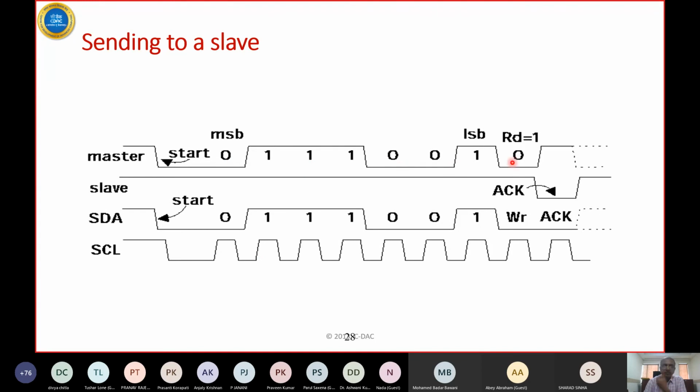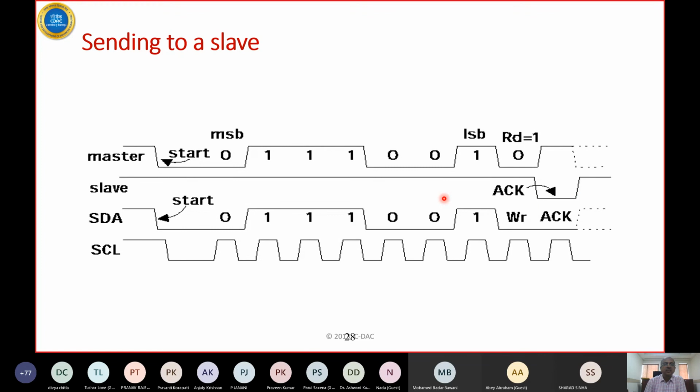Then the 8th bit indicates a write operation, because 0 indicates write. Had it been 1, it would have been interpreted as read. Write indicates that the master is going to send data to the slave. The first byte is sent. The slave all this while was reading the data. Now it writes a 0, indicating it has correctly read the byte.